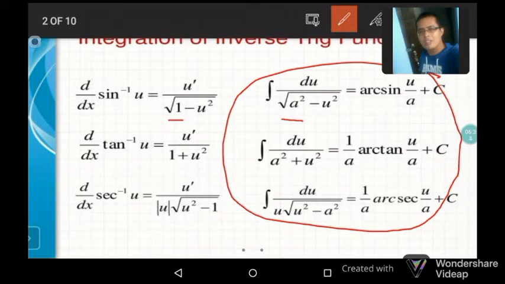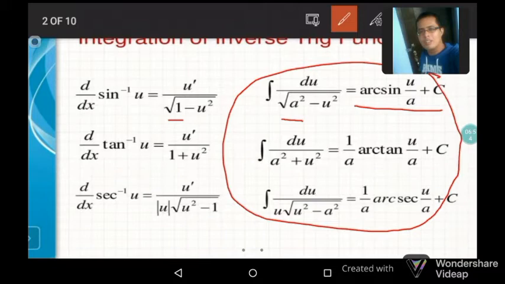Regardless yan kung 1 pa yan, kung 2, kung 3, and so on and so forth. Basta ang a dyan is a constant. Wherein its equivalent integral is arcsine of u over a plus c.